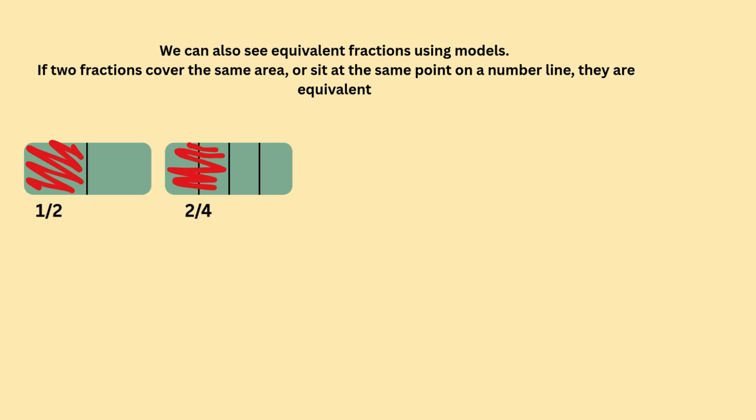The shaded area of the first rectangle represents one half of that rectangle, and the shaded part of the second rectangle represents two quarters of that rectangle. But if you look carefully at these two shaded parts, you will notice that they are the same, even though the fraction they represent is different in the model.